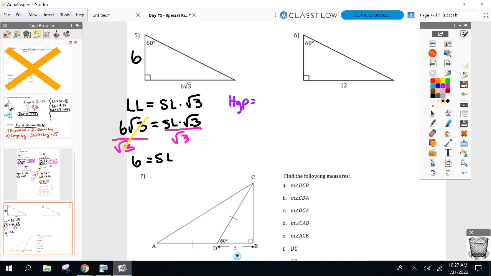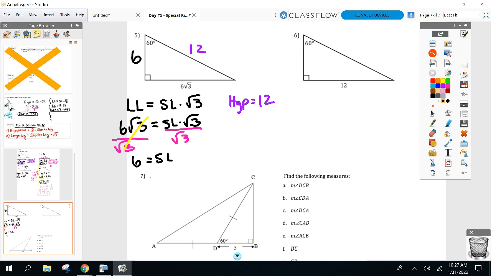How'd you get 36? Shorter leg is 6, right? Oh, yeah, sorry. Short leg is 6. And what's the hypotenuse rule? 6 times 2. Sorry, I got 12. There you go. It's all good. Questions? 12?